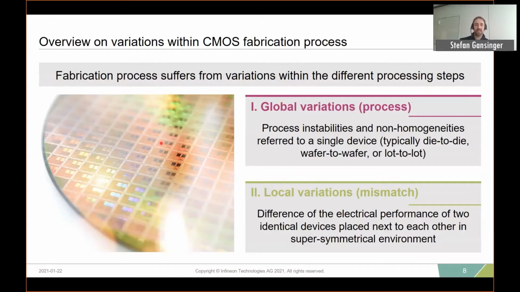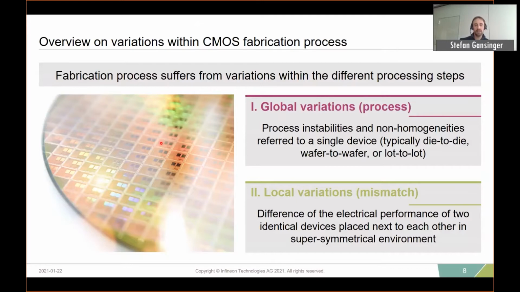Local variation is something different. For local variation, we refer to two devices on one die, which are placed in a so-called supersymmetrical environment. This means these two devices, like transistors, are placed next to each other, and the surrounding of each of the devices is equal. So theoretically, we would expect that the device parameters, like the threshold voltage of these two devices, are equal.